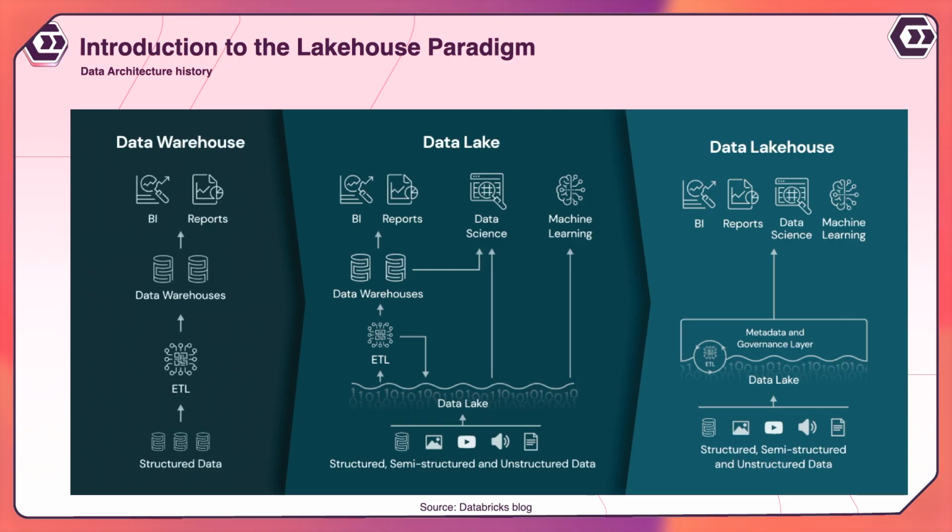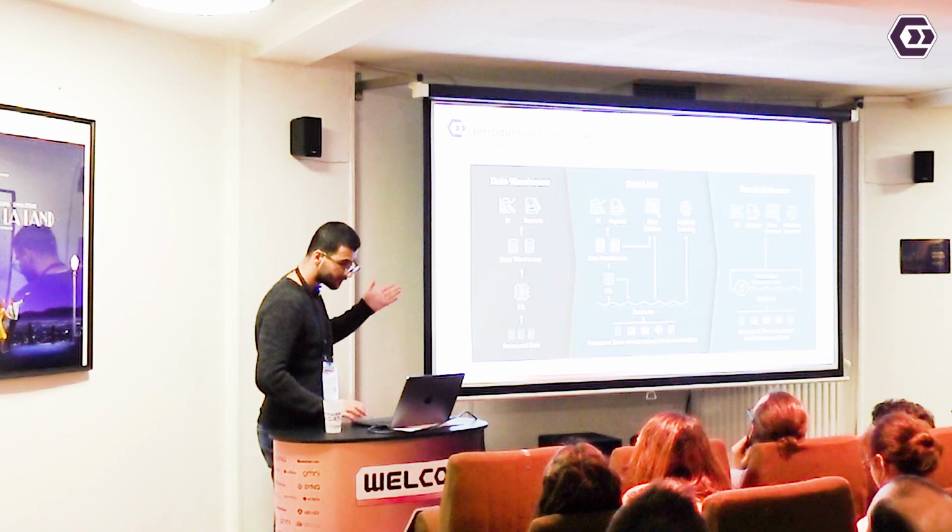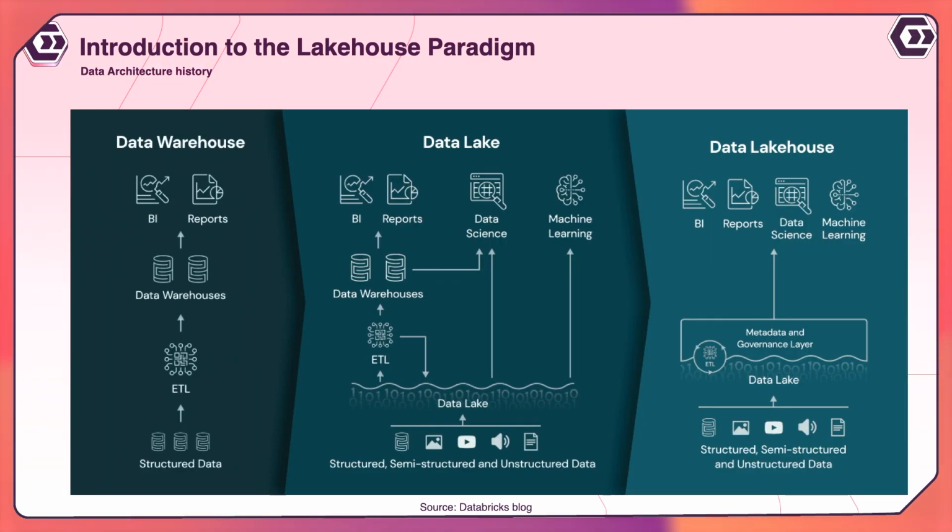So, data platforms started with the data warehouse architecture to perform queries and generate insights, but it had many limitations due to the lack of semi-structured and unstructured data, the high cost, and the scalability challenges when the data volume and velocity grow.